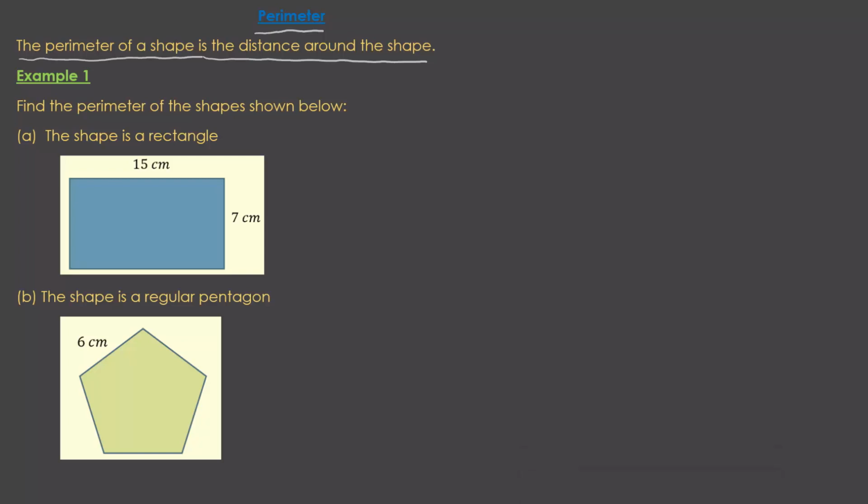So, for the first one, the shape is a rectangle. Now, what I normally do is choose a start point and then walk around the outside of the shape. So in doing what I did there, I walked along a 15, then a 7, then a 15, then a 7.